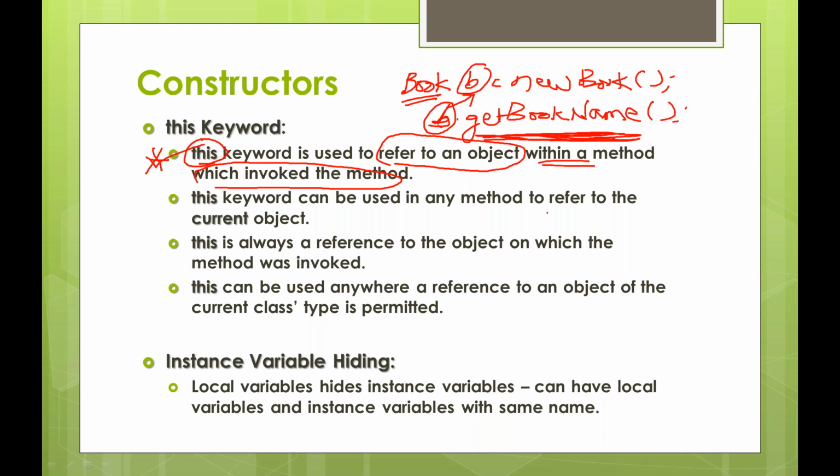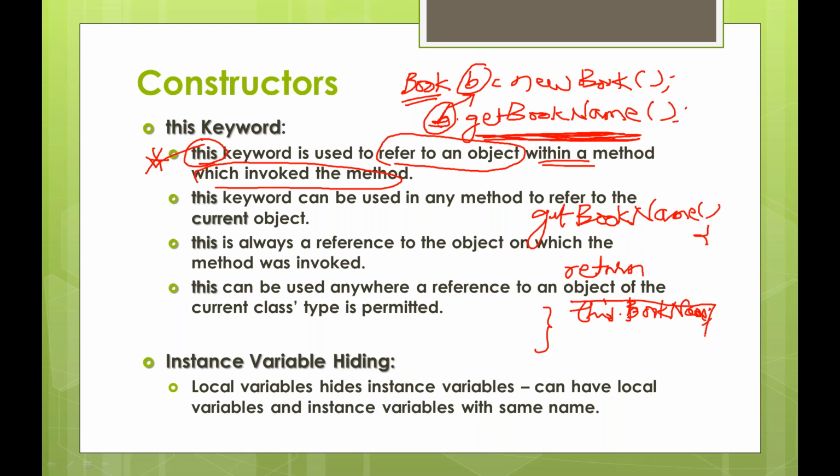So assume that you have a method like getBookName, and what I am doing here is return this dot bookName.